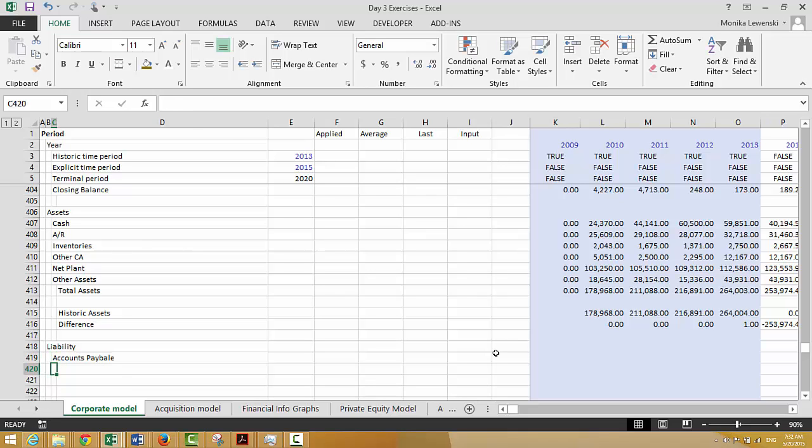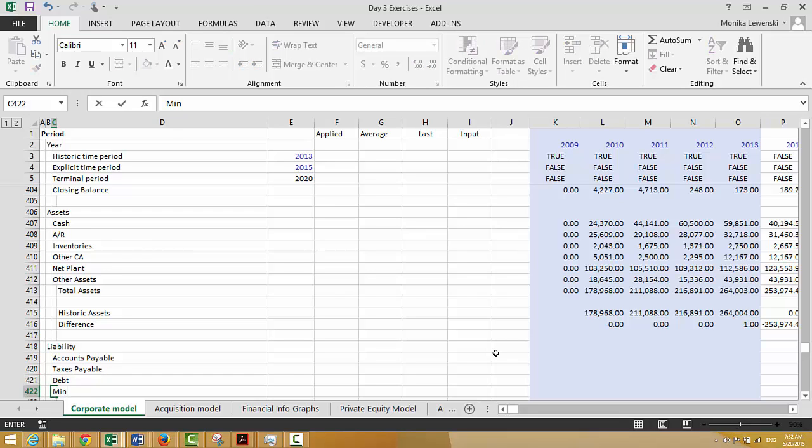And then we have that. Whoops. And then we can put taxes payable. And then we can put, I think that's the only current liabilities we had. And then we can put the debt and the equity.